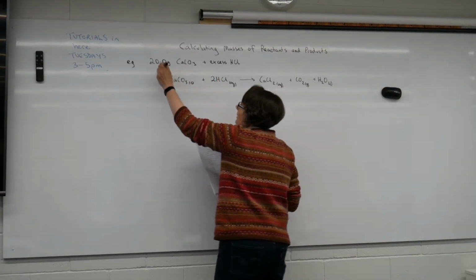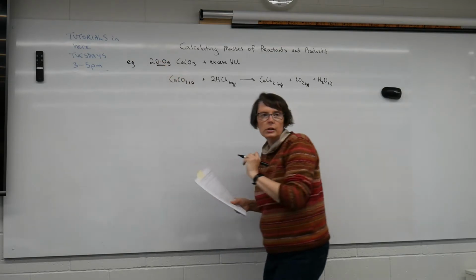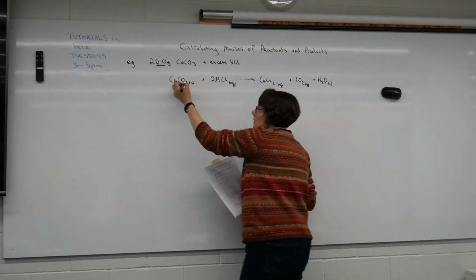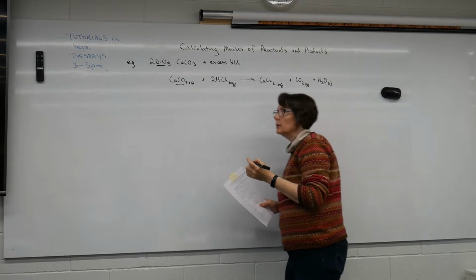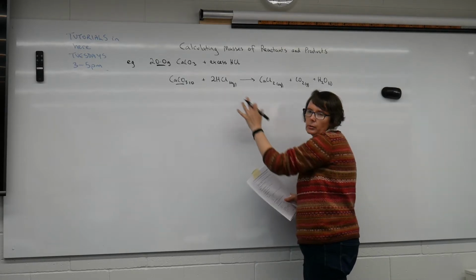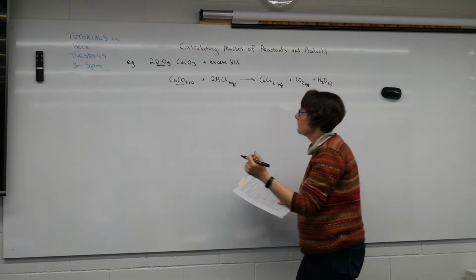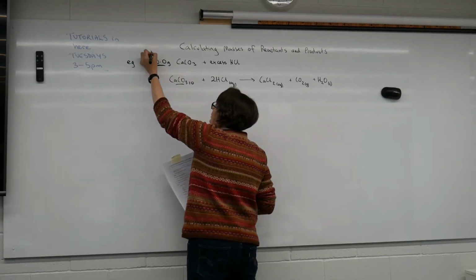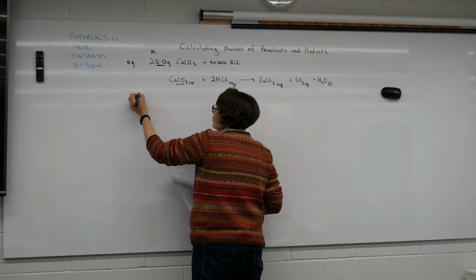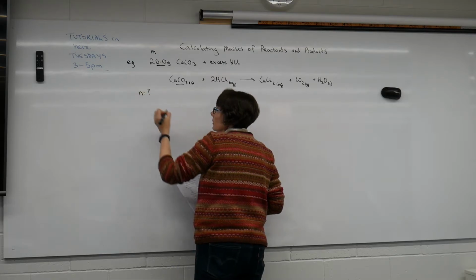So the mass that was given in the question is the mass of this reactant, and it tells us this is in excess, so we don't need to worry about that in terms of our calculation. So this is little m, and we need to find the moles.